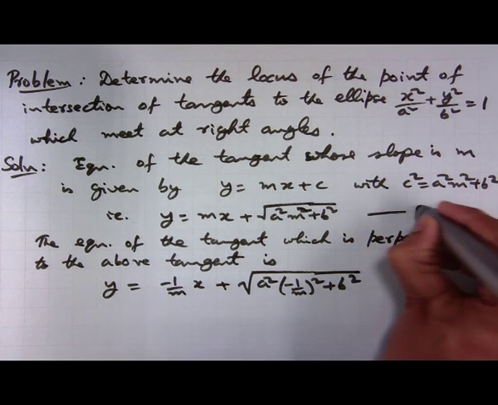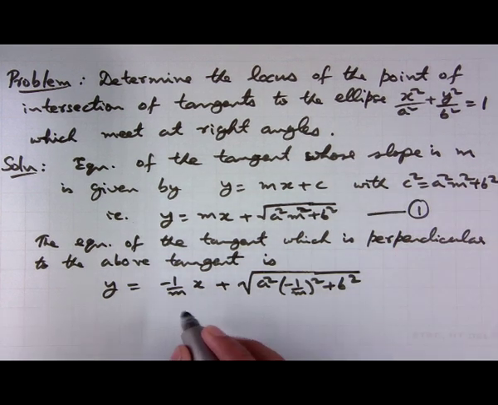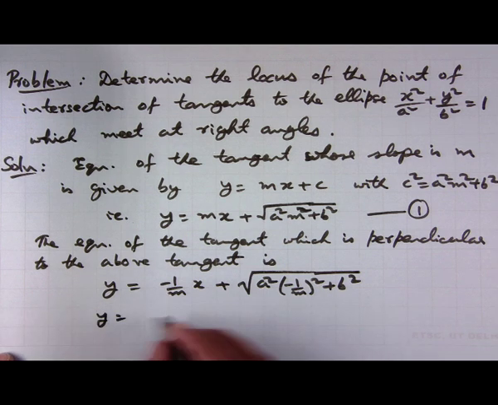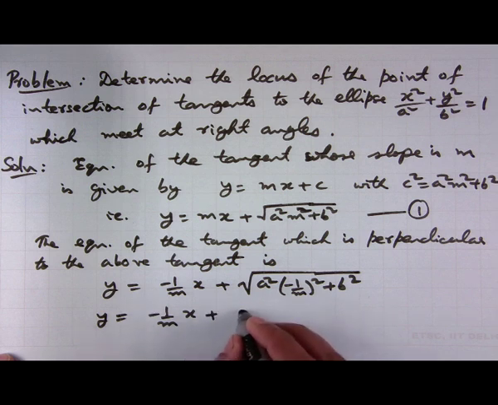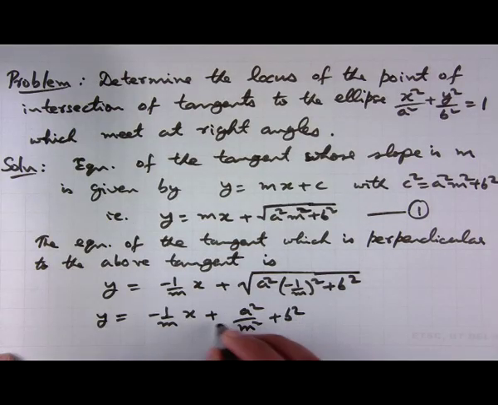Let us call this equation 1, and this is our equation 2: y equal to minus 1 by m x plus square root of a square by m square plus b square.